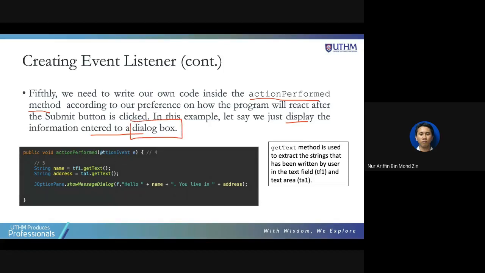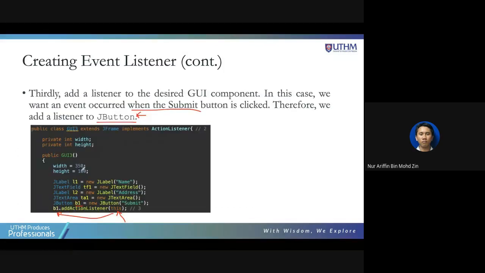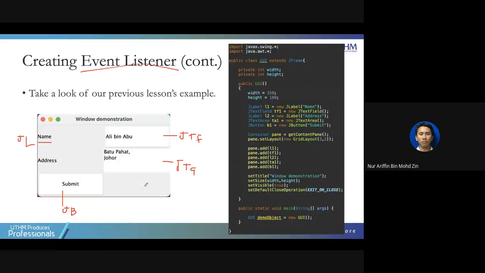So inside this actionPerformed, what we will write is something like this. String name equal to tf1. What is tf1? tf1 is this one, the text field. Because the user will write his name inside the text field, right?